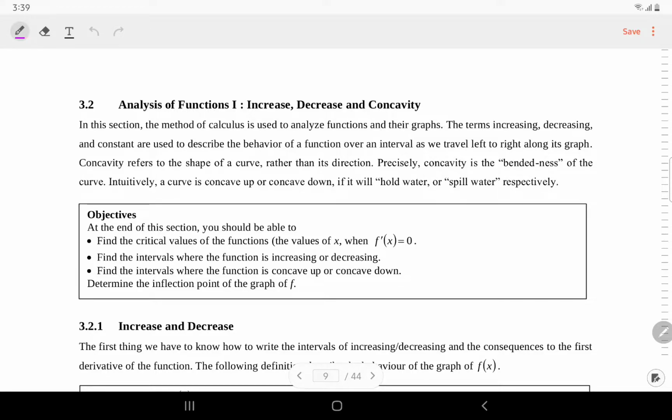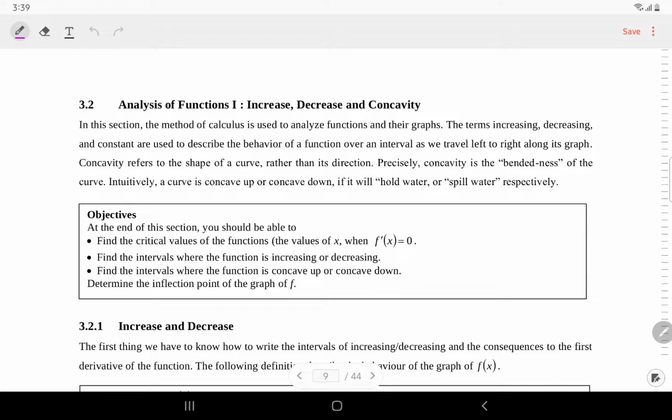Okay, the second subtopic in chapter 3 is about the analysis of function. This time, what we want to do is analyze the function. We want to know about the increasing, decreasing and the concavity.